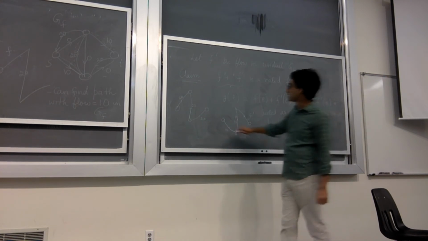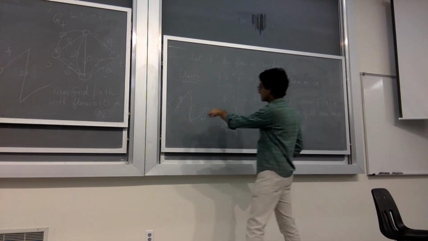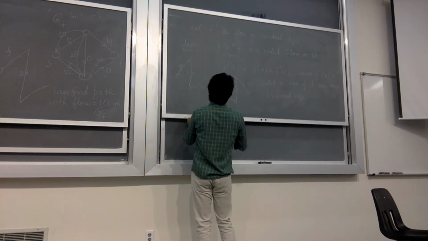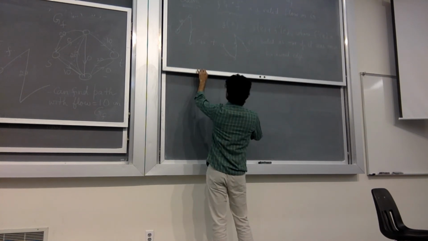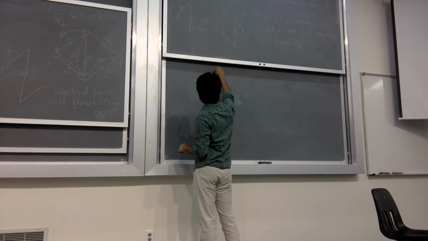Now, what we mean by the sum of these two is exactly what you would expect. So this plus this would be a flow that essentially looks like this.